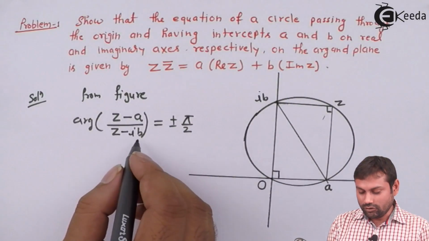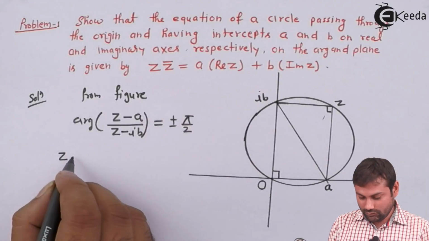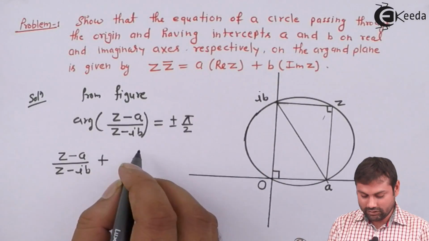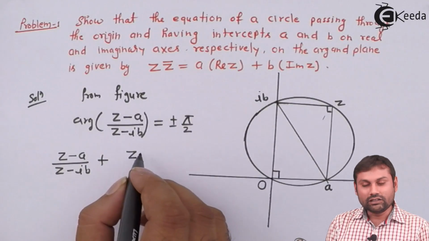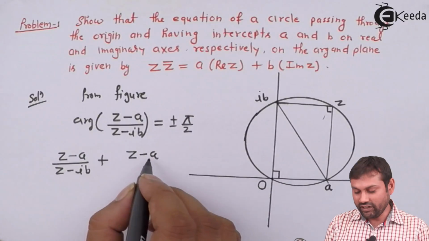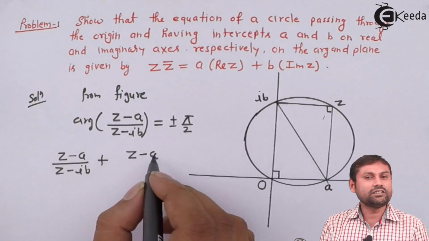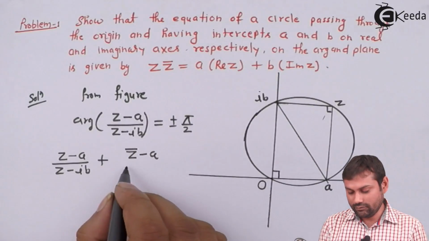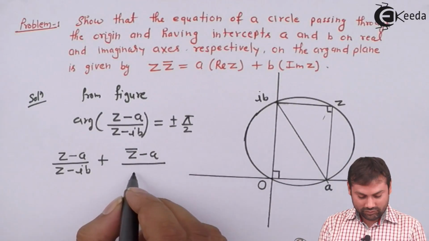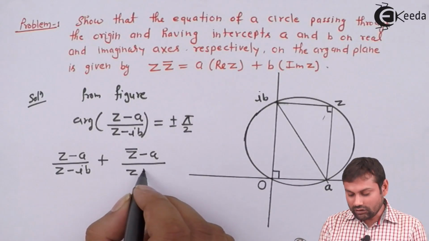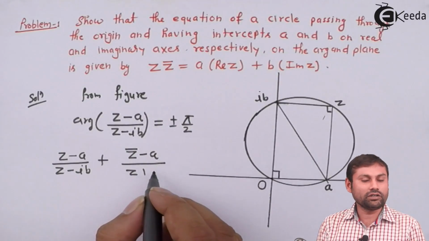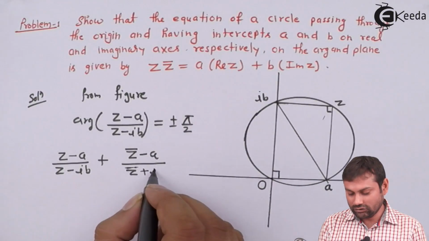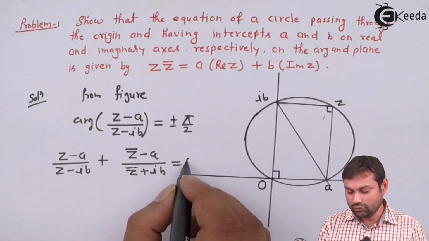So from here you can write (z minus A) upon (z minus iB) plus its conjugate, that is (z minus A) whole bar, but A is some real number so A bar is A, so here only z bar minus A upon, again here z minus iB, if you take the bar, that becomes z bar plus iB, that is equal to 0.